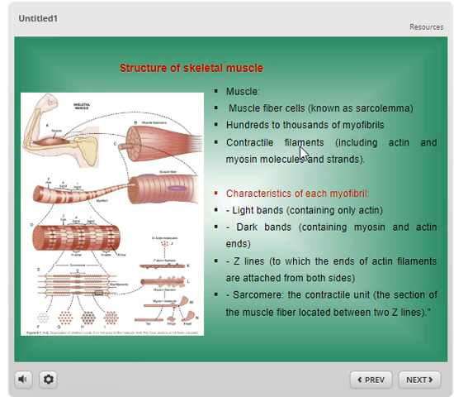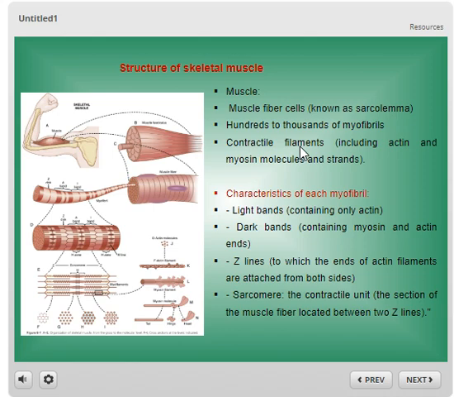filaments and the overlapping ends of actin filaments. They appear darker due to the presence of both types of filaments. And we have a Z line in this structure.